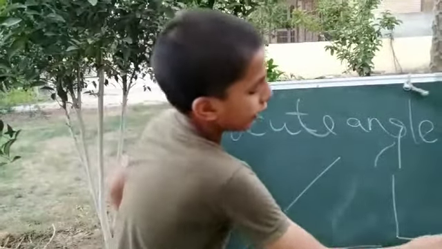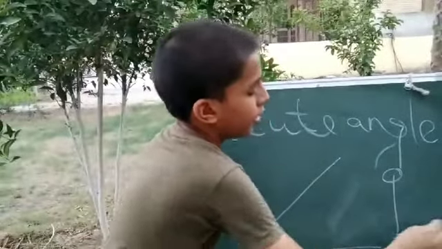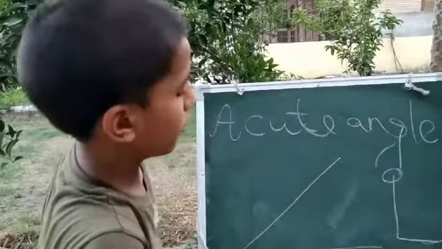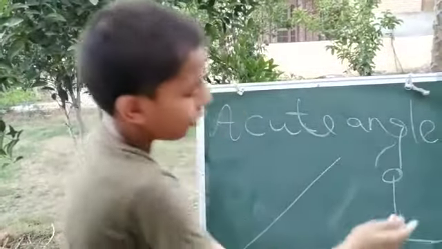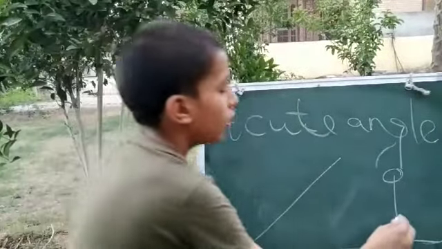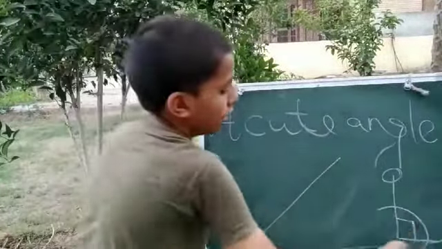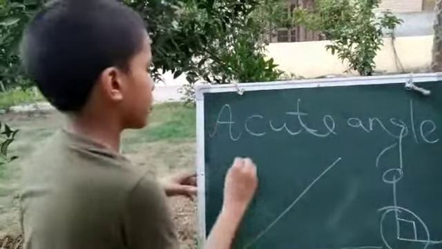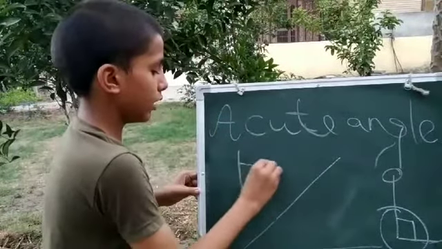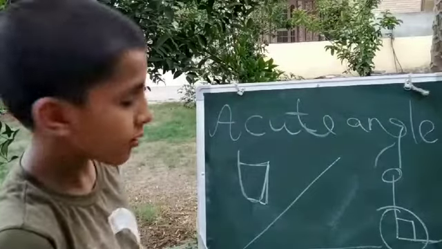So when the clock is on 3 a.m. or 3 p.m., like this, it forms a right angle, like this. Okay, like this square, rectangle.